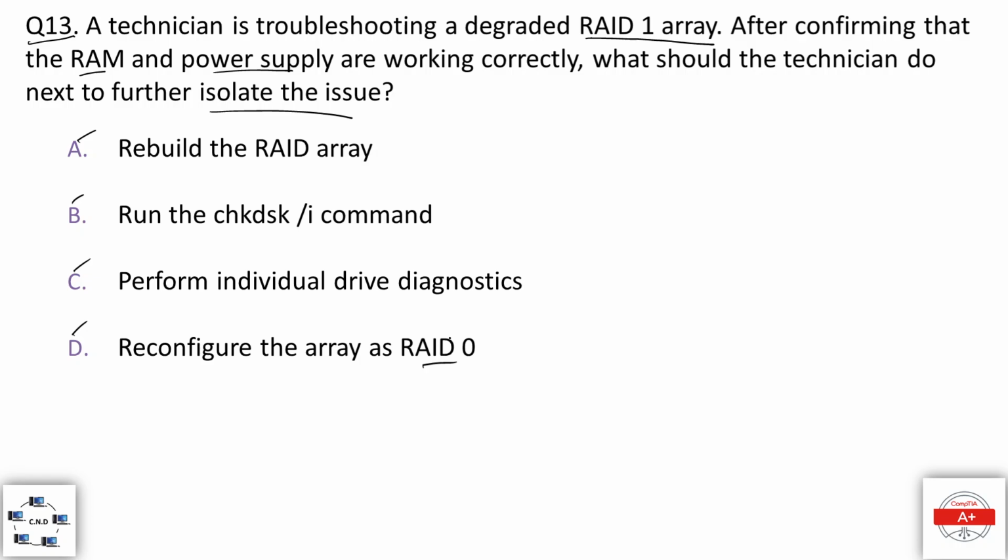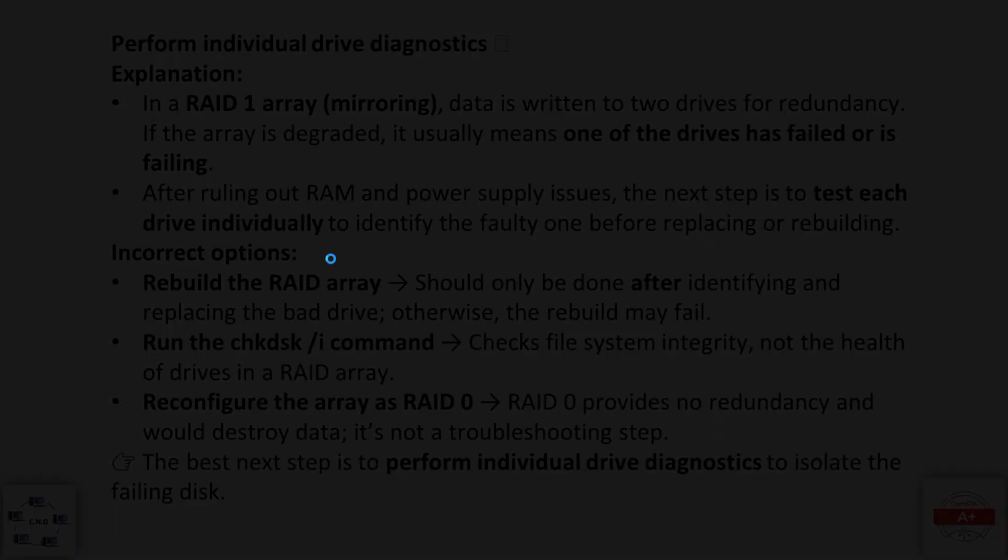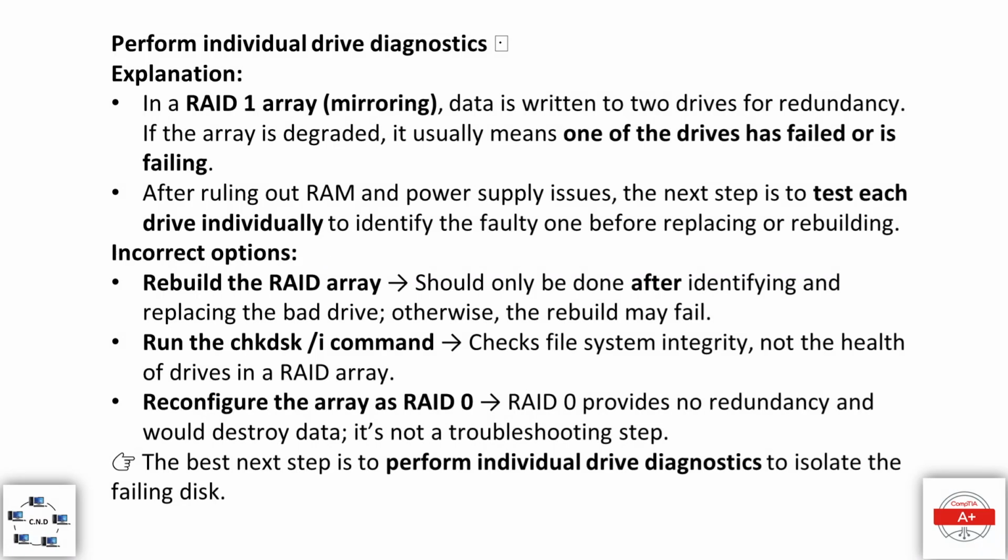And the correct option is option C, perform individual drive diagnostics. In a RAID 1 array, which is mirroring, data is written to two drives for redundancy.